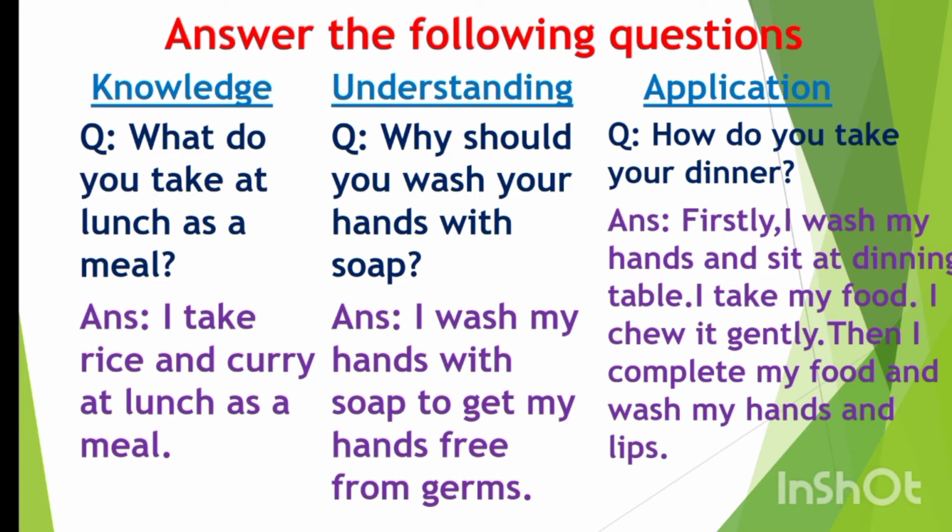Okay, as this is the application based question, that's why here you have to write down 3 sentences at least. Okay, so students, in this way you have to follow the questions and you have to write down these 3 questions' answer.